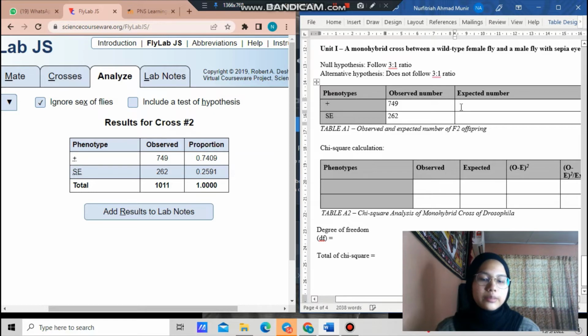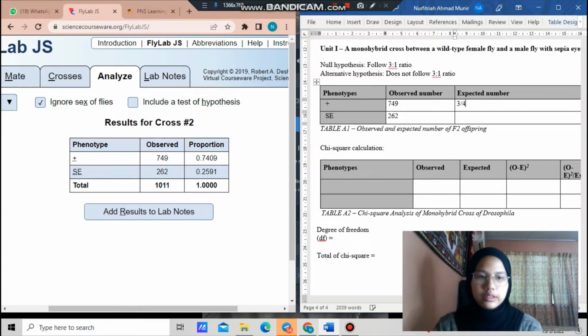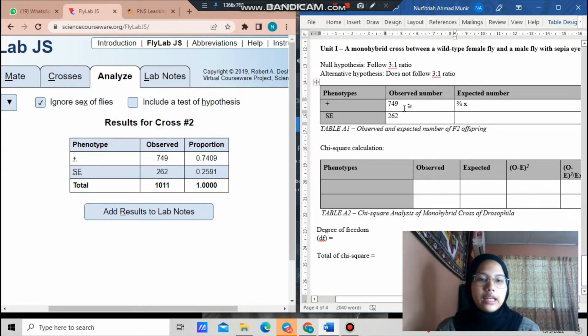So the expected number for plus is 3 over 4 times the total of the observed number.